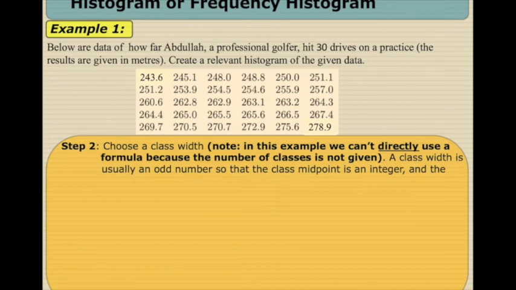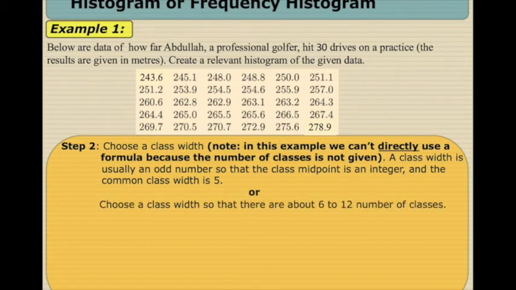We choose a class width which is an odd number, because with an odd number we can have an integer class midpoint. So that's the reason why an odd number is used for a class width, and the common one is 5. Or you can choose a class width so that there are about 6 to 12 classes.